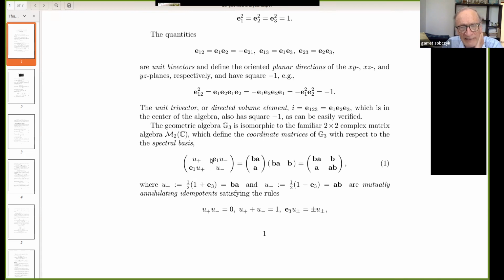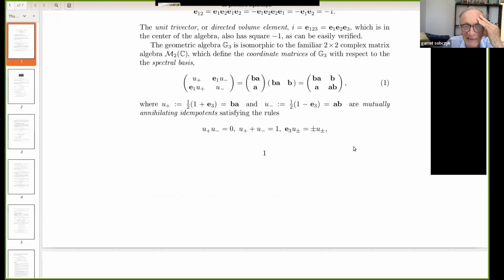The interesting thing to note is that we can write that as a product of a column matrix, BA, times a row, A, B. I'll explain this multiplication in a minute, but what you have is BA, which is the same thing as U plus. E1 times U minus is B. And then we have A, which is the same thing as E1 times U plus, and then we have U minus as AB. So again, this A and the B are nilpotents.